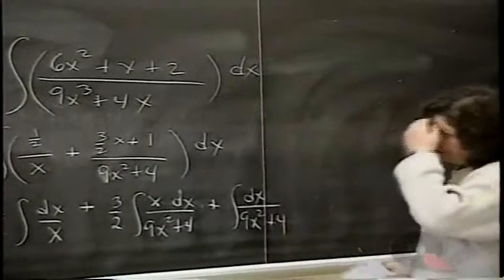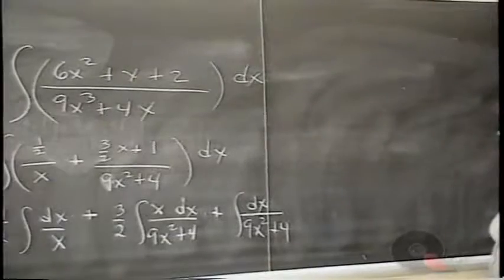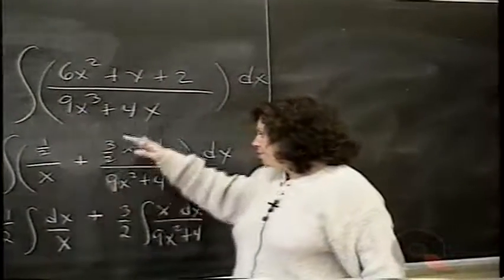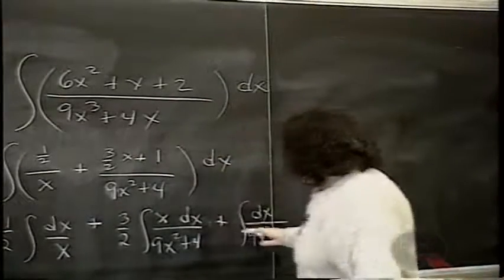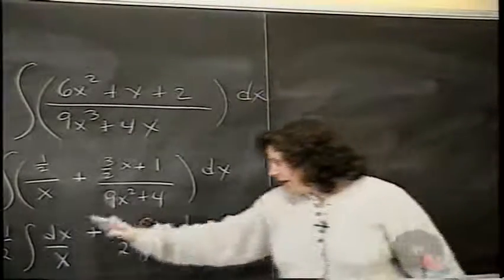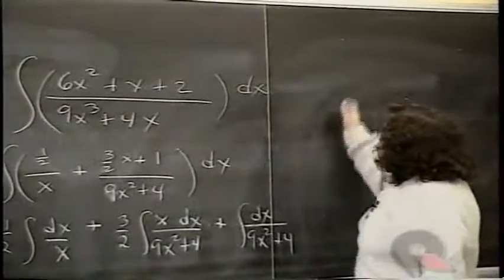So this is going to break into 3 problems, each of which I know how to handle, because they're all in basic form. Okay, I made it 1/2 over x, 3/2 x over 9x squared plus 4, and then 1 over 9x squared plus 4 to be integrated. And I took out the 1/2 and the 3/2, the constants in front. Okay. What do we get?